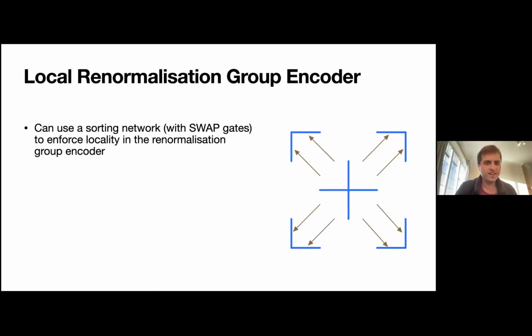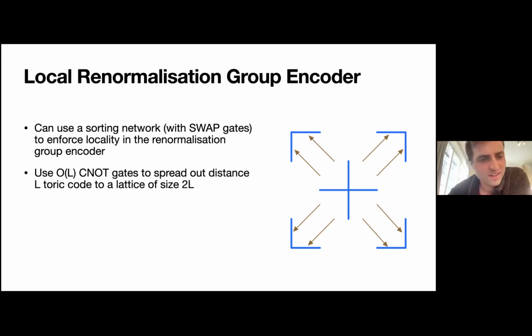Okay, so the first way we show of getting an optimal local unitary encoding circuit is pretty simple. If you just apply a sorting network to the renormalization group encoder, it turns out that's already enough to achieve an optimal local unitary encoding circuit, albeit not a very good one. We improve on it.